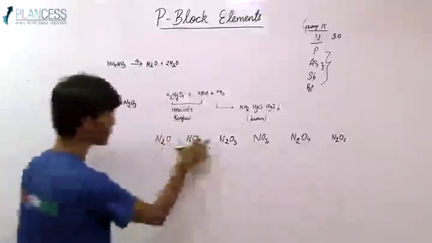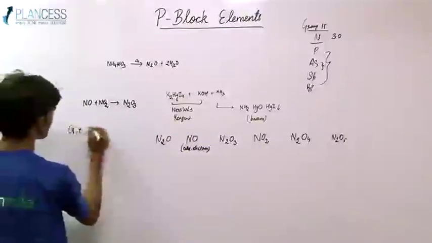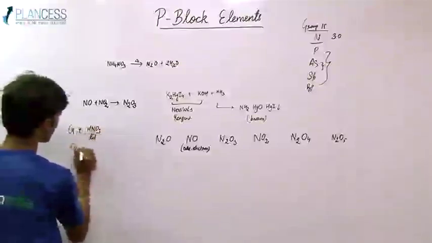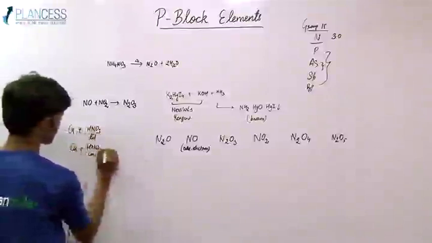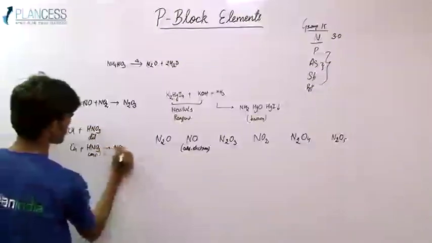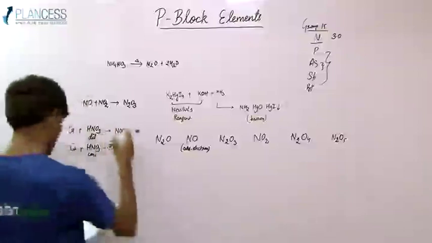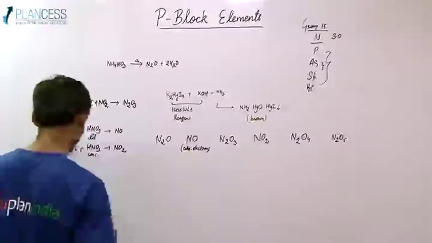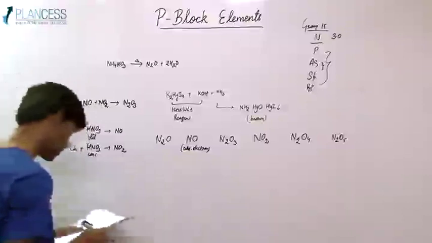Cu when reacted with HNO3 when HNO3 is dilute gives NO. Now when we react Cu with HNO3 when it is concentrated, the product will be NO2. So this is the difference: in one case it is NO and in the other case it is NO2.